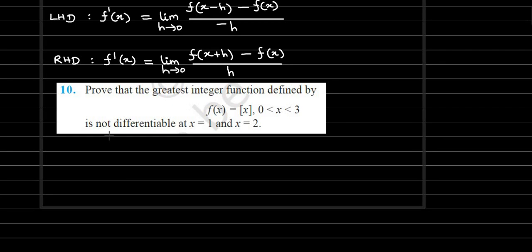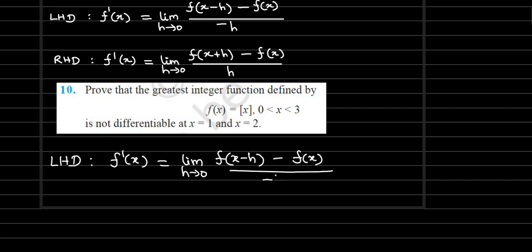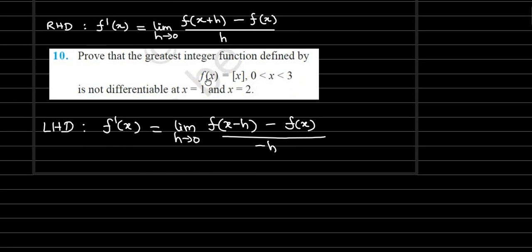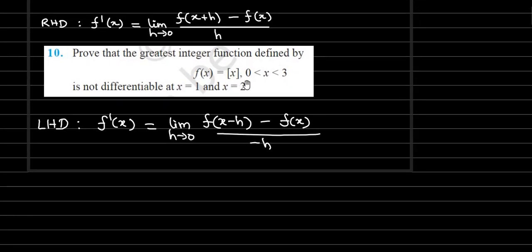So the given function is f of x. I'm going to find the left hand derivative first, that is f dash of x. The formula is limit h approaching to 0, f of x minus h minus f of x by minus h. And here, what is f of x? f of x is a greater integer function.